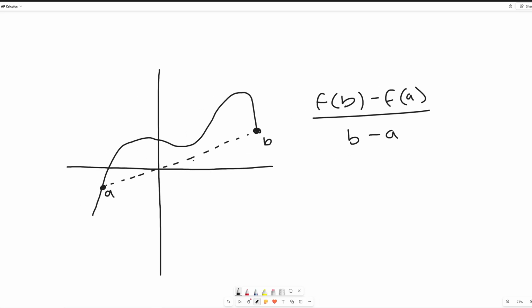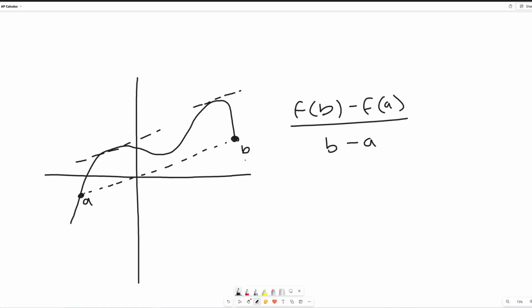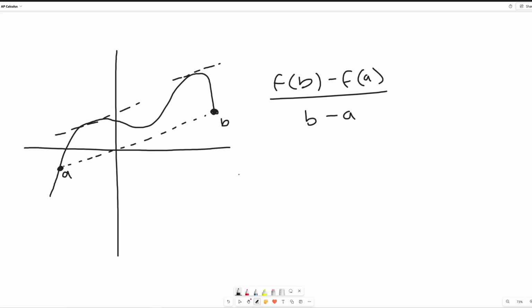So, you see this line right here connecting A to B. You can see that at this point, and it looks like at this point, you have this secant line equaling the derivative. So at some point on any interval like this, it has to do that, as long as it is differentiable.